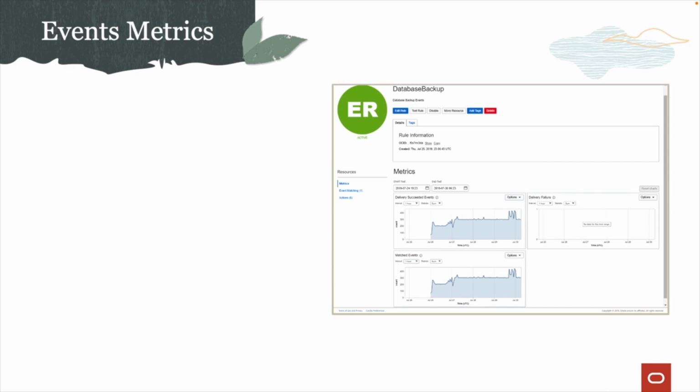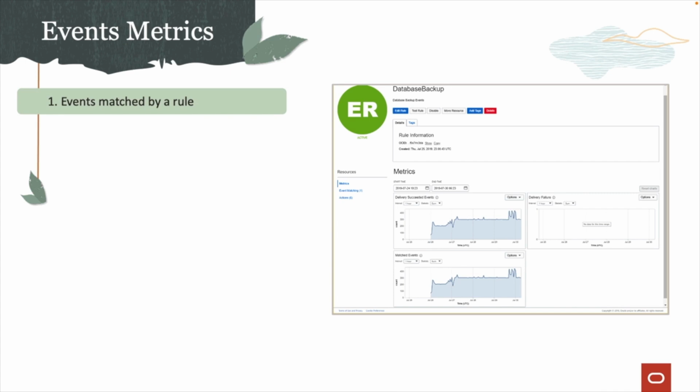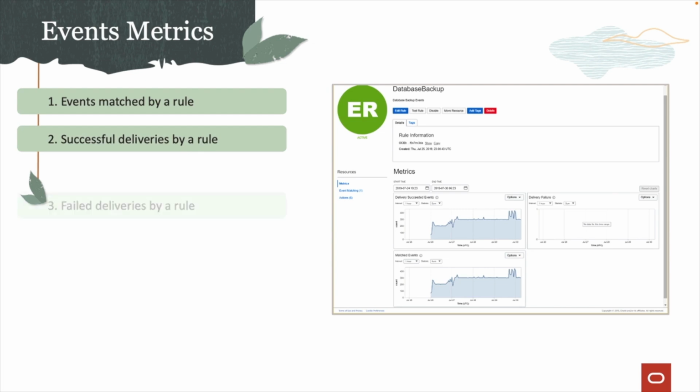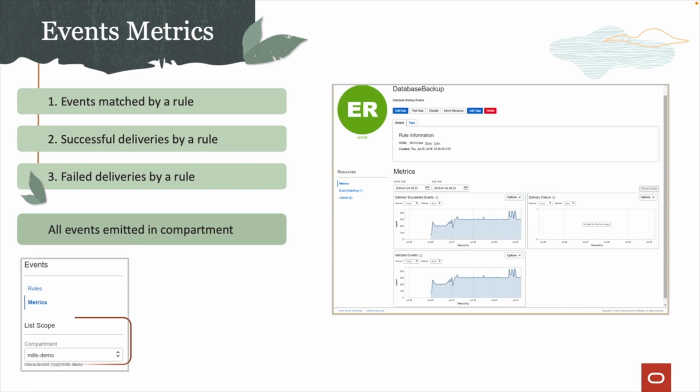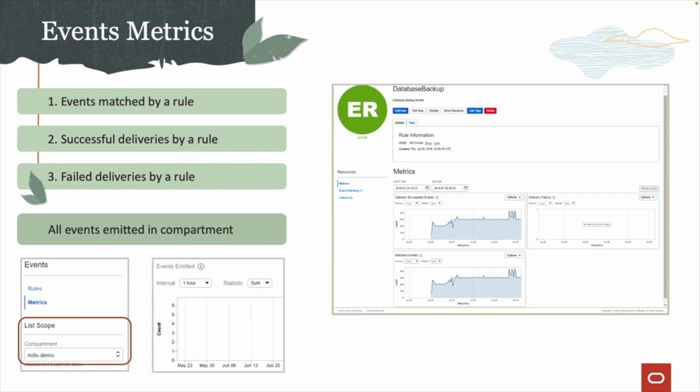For each rule, there are 3 key metrics: the total number of events that were matched by that rule, how many were successfully delivered into the corresponding actions, and also the failed deliveries by a rule. You can also view these metrics in the telemetry dashboards and see how the rules are behaving. You can also view the total number of events that were emitted by all resources in an entire compartment.